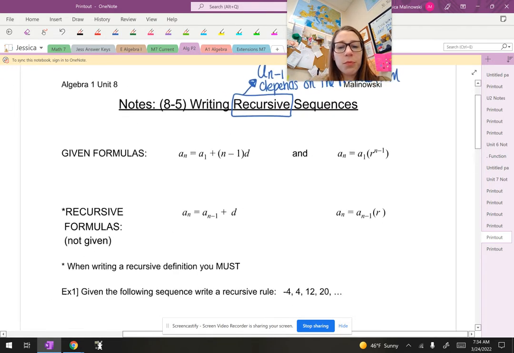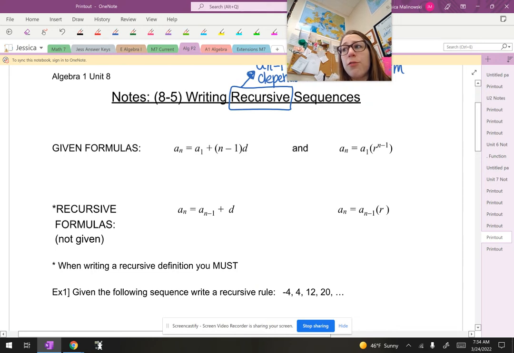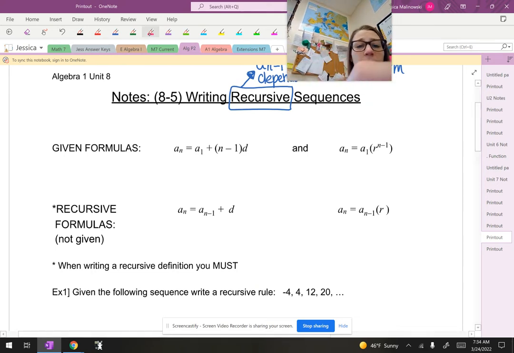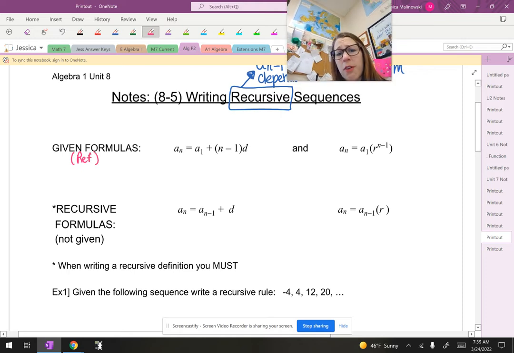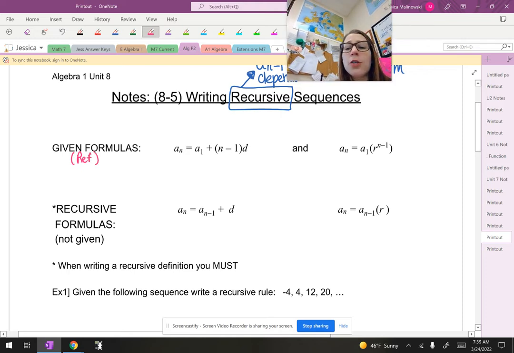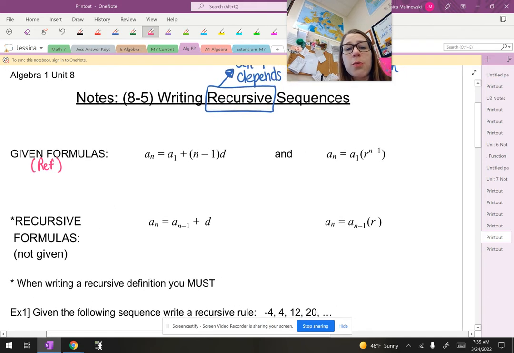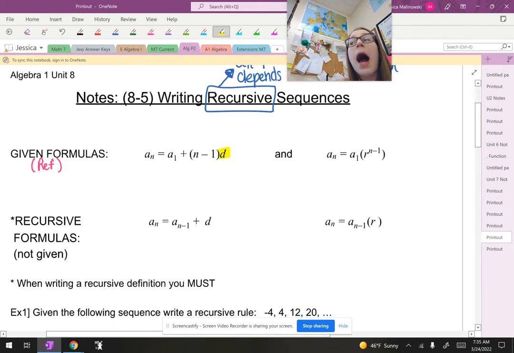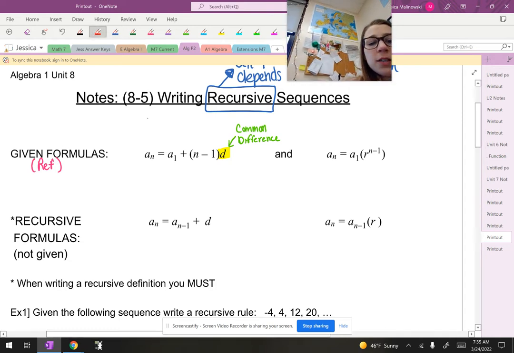So again, review of these given formulas that we have here. And when we talk about given, these are given on your reference sheet. So you have to know enough to look at the reference sheet. So we've got our two different sequences, the one with the d, that common difference, making this one arithmetic.